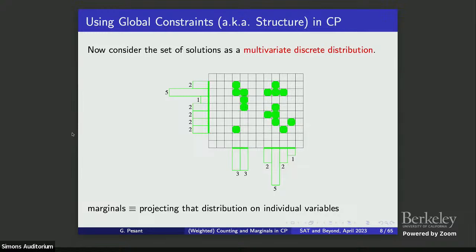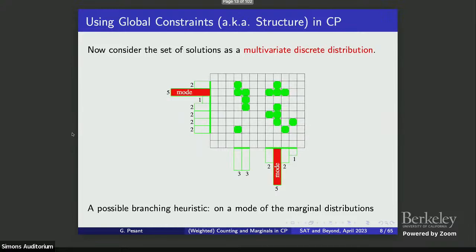So now all of a sudden you're getting more information instead of having, okay, these values are possible, but from our perspective, equally likely. Here, you're getting additional information. Well, this one is maybe more likely to be useful because it is very popular. It occurs very often in a solution to this constraint. And actually, for example, you could use the mode of a distribution as a branching heuristic, saying, okay, let's try out this value.